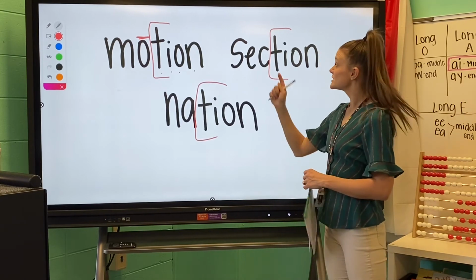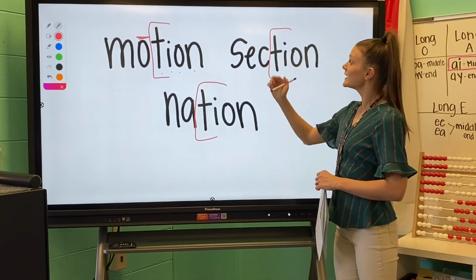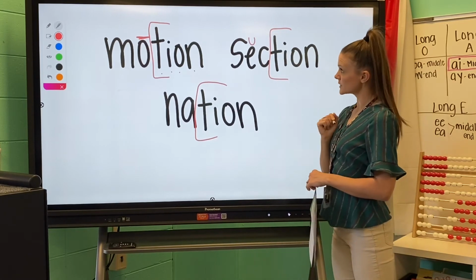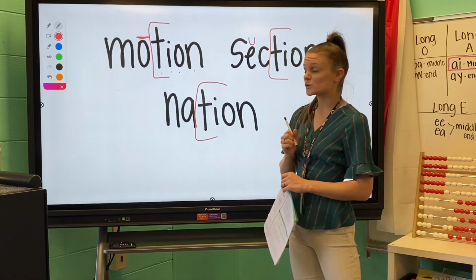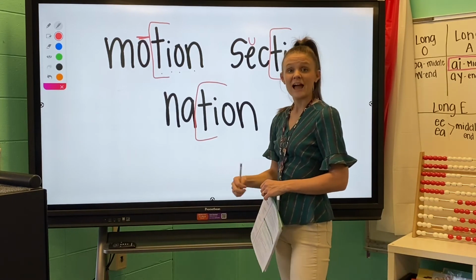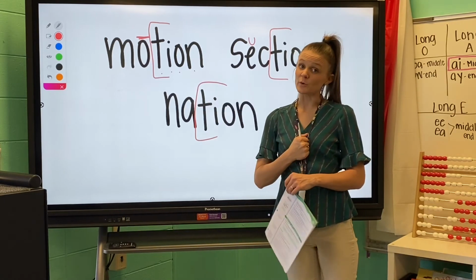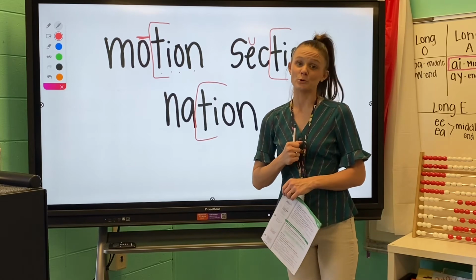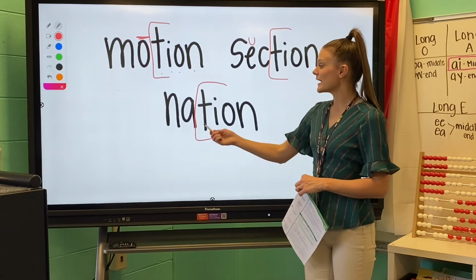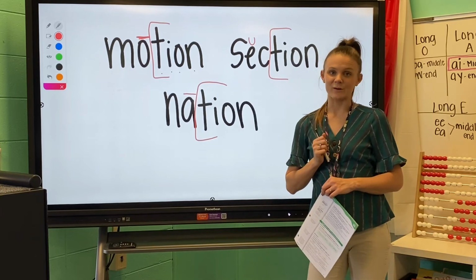It has letter C closing the door on it. Therefore, our letter E can be short. And then for our last word, nation, our A does not have anything after it except our final stable syllable, which doesn't count as a door closing on it. So our A is screaming its name, making the long sound.